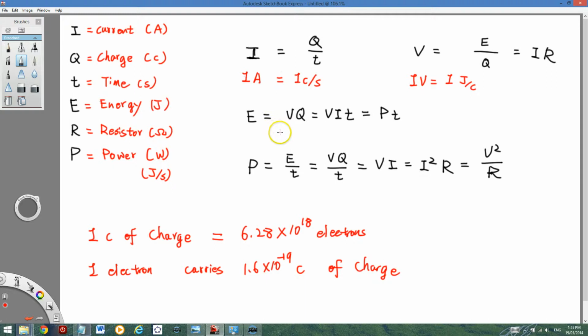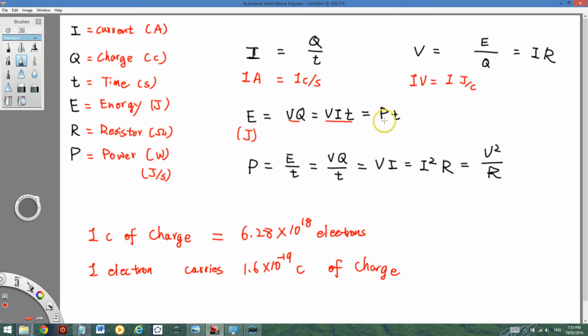Now, the next part is your energy. If we multiply voltage and charge, you have the energy in joules. Also, if you multiply voltage, current, and time, you have the energy in joules.